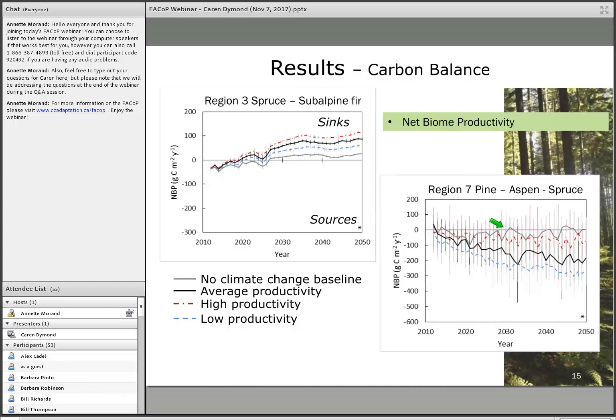In region 7, the no climate change scenario in gray bounces around the 0 line but is a small source of emissions to the atmosphere, whereas under all the climate change scenarios, it tends to be a larger source. So again, this comes back to that positive feedback mechanism, or risk, that we're facing in the forest.